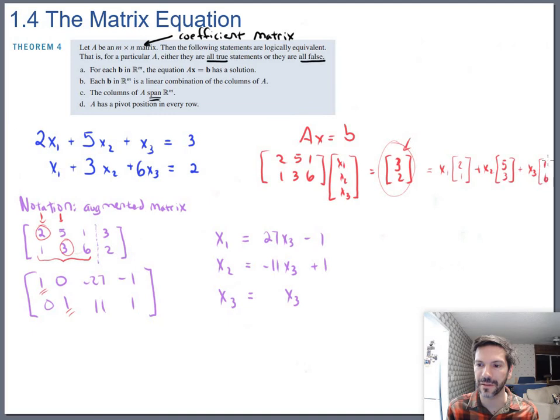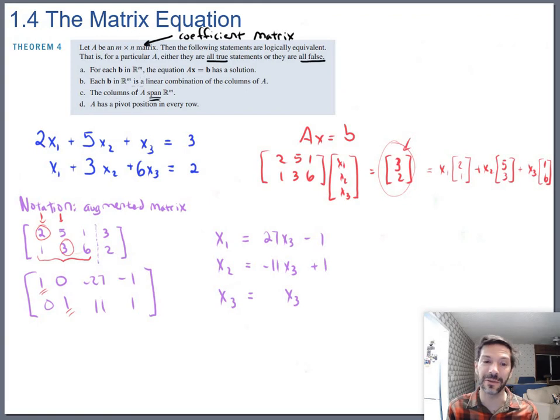So really that's just our vector equation form, saying our vector equation form and our matrix equation form are equivalent. If you can find solutions with this form, you can also find solutions by combining the 3 columns of the matrix.